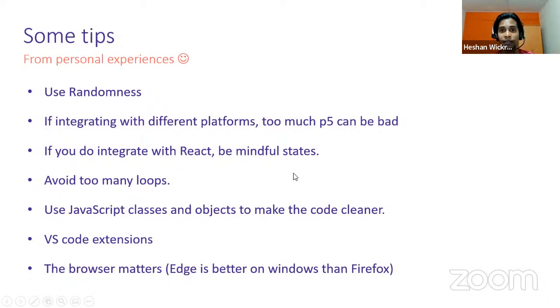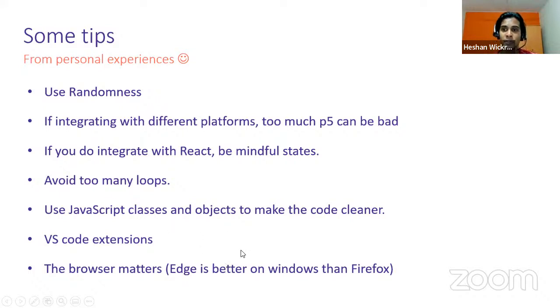Especially if you have WebGL stuff and a lot of logic behind the scenes with the P5 project, if you integrate it with a web application like a React application, maybe it can cause the app to slow down and give this really nasty error that you might have noticed, that says this web page is slowing down the browser. So if you do integrate with React, be mindful of states. As I said earlier, states cause the app to re-render, and that could really get in the way of the frames inside the draw function.